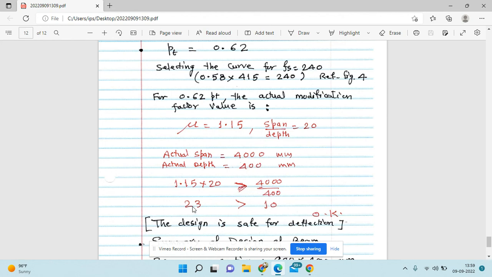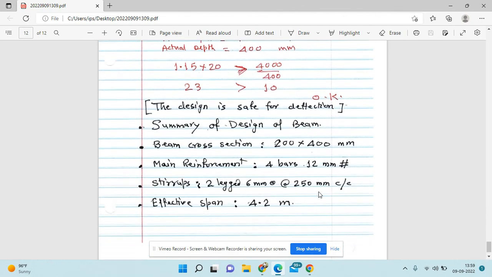So modification factor times span ratio should always be greater than 10, so it won't fail in the deflection. We find that the permitted ratio is 23 and the actual span by depth ratio is 10. So it can't fail because of the deflection. So we can say the design is safe for the deflection also.